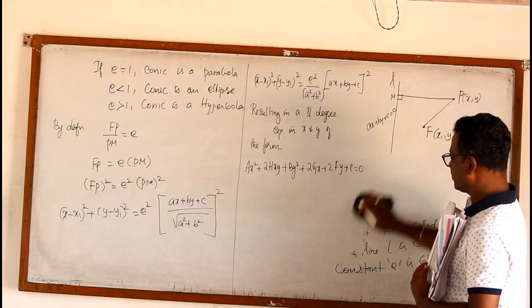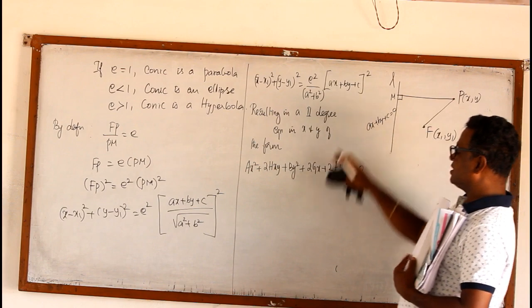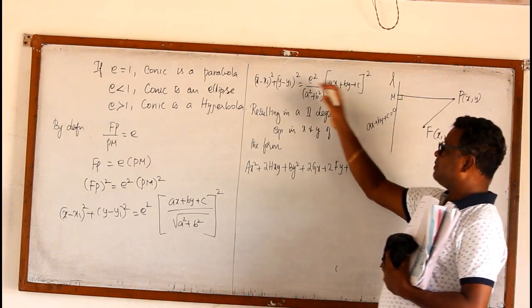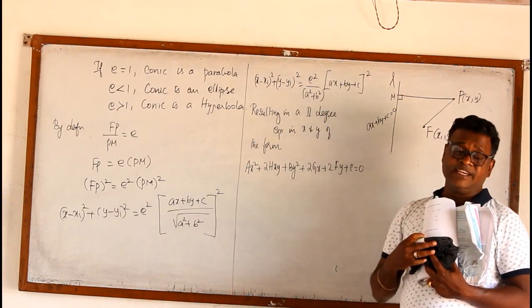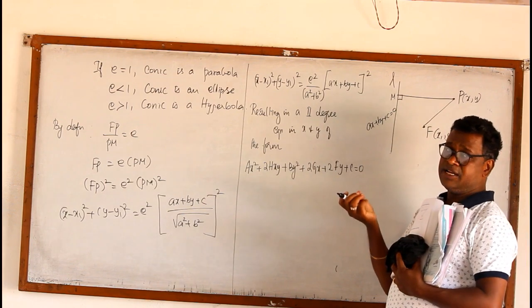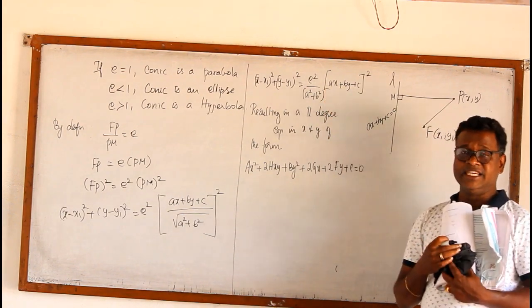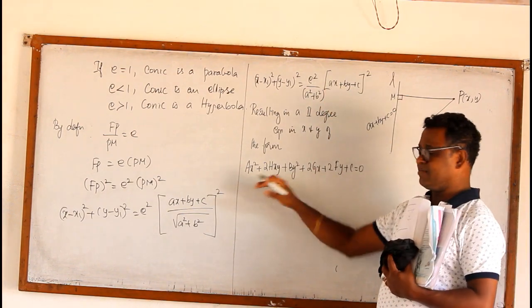When all expansions are taken and I multiply and write all those things, definitely it will be a second degree equation in x and y of this format.